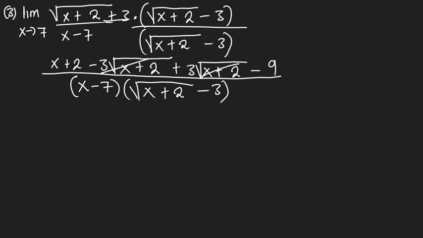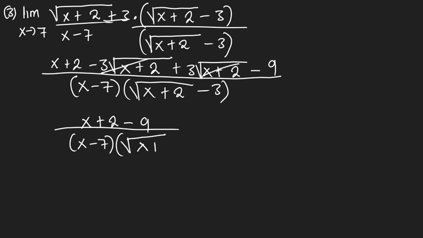So what you're going to remain with is x plus 2 minus 9 all over x minus 7, then x plus 2 minus 3. Like that.